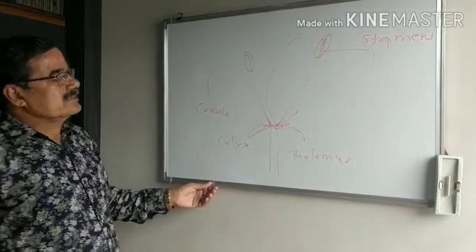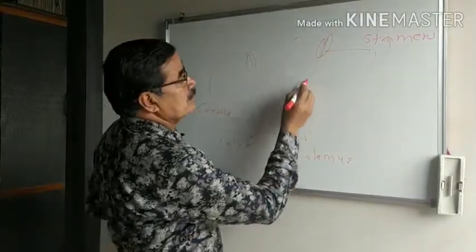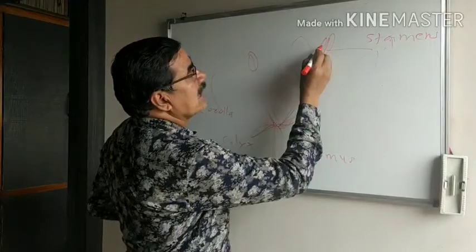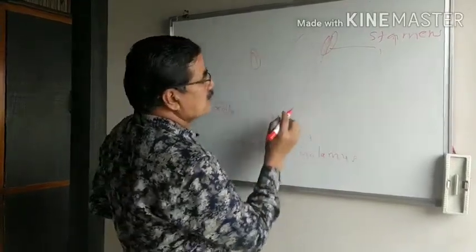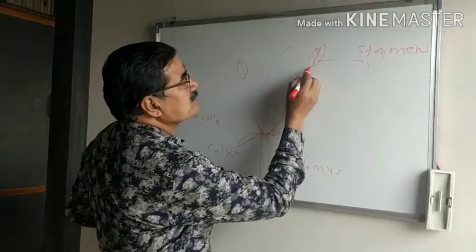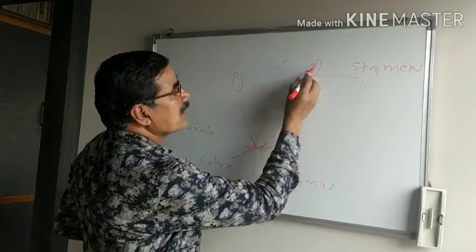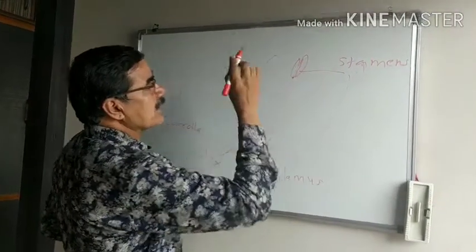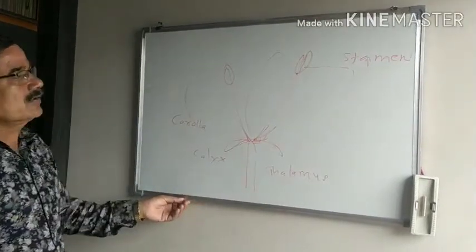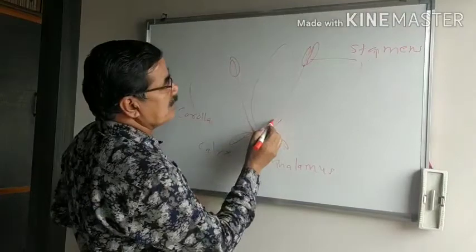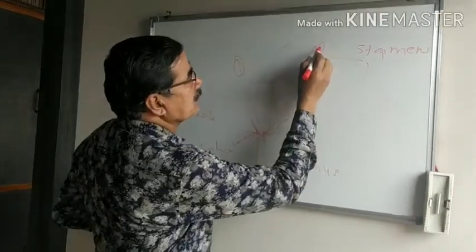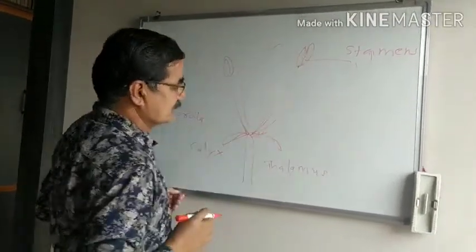This stamen consists of a filament and two anther lobes. This filament is attached to the anther lobe by means of a small connective. Therefore, an individual stamen consists of the filament, connective, and anther lobes.